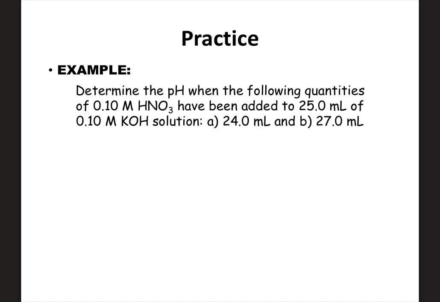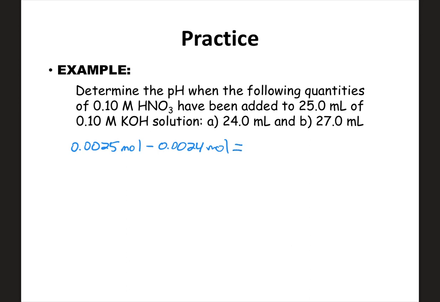As I keep going here, I know that I started with 0.0025 moles of the base. I added 0.0024 moles of the acid. Essentially what's happening is the base is destroying that acid. We haven't reached the equivalence point yet, so the base is essentially still winning out.